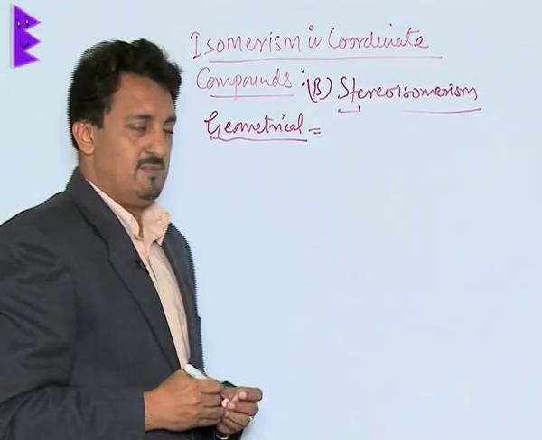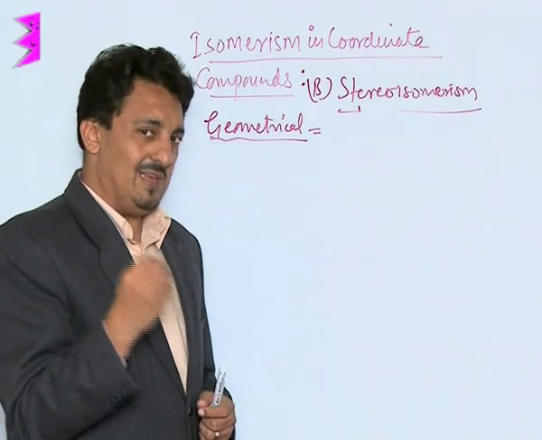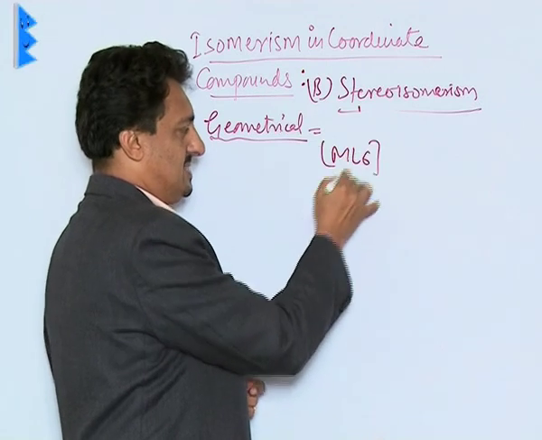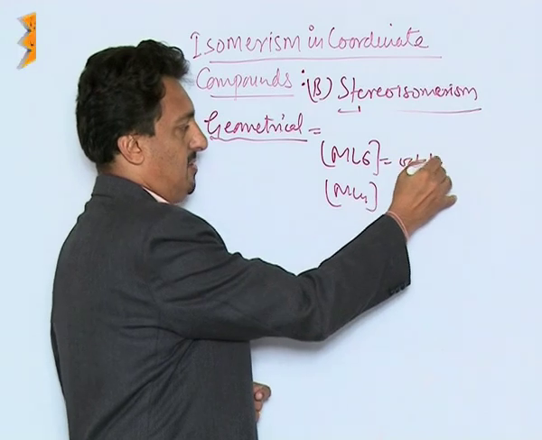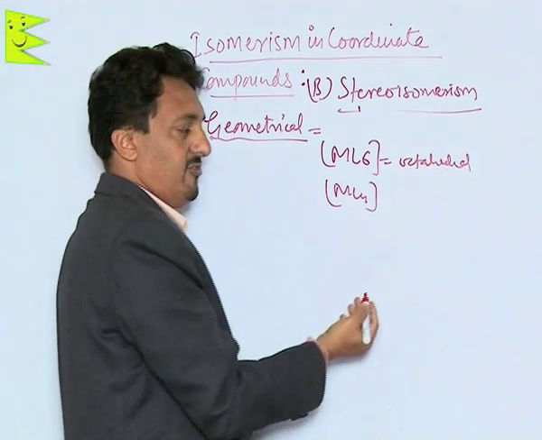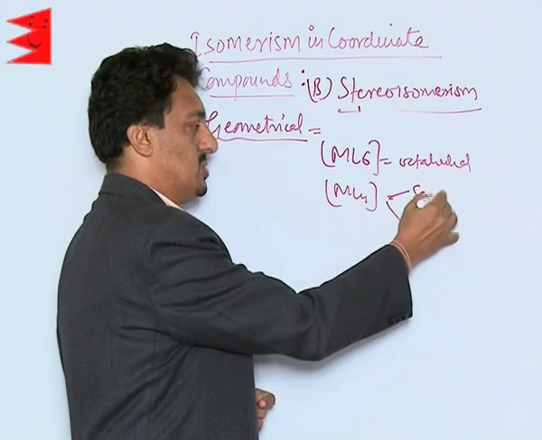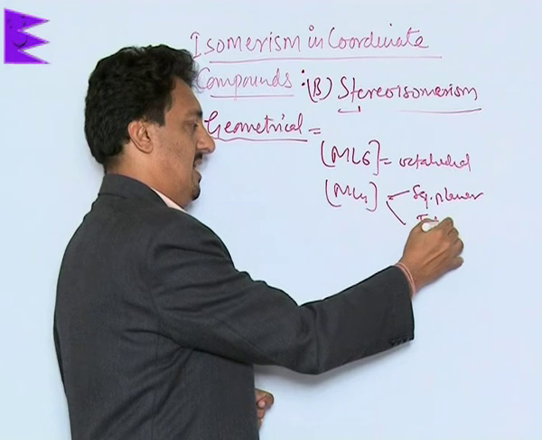Now the most important thing before we start is to understand that in our syllabus we mainly have coordination entities of the formula ML6 or ML4. The ML6 will be octahedral coordination entities. ML4 can be of two types: it can be square planar or it can be tetrahedral.